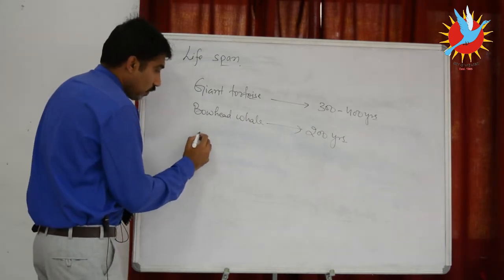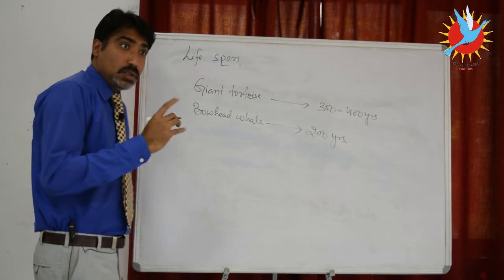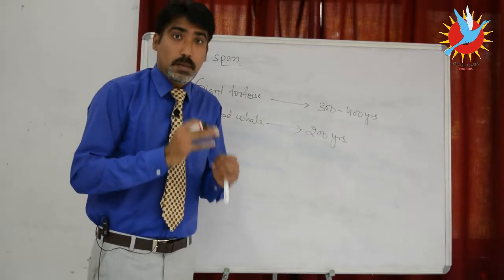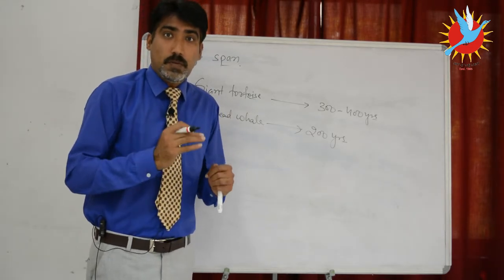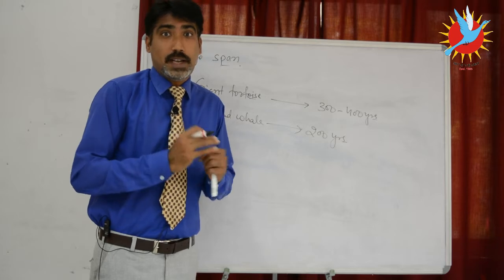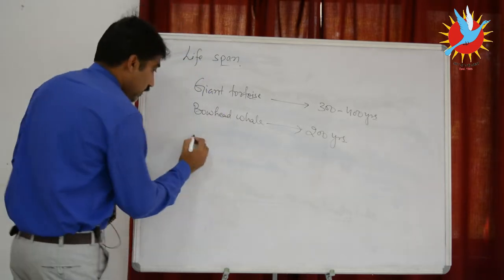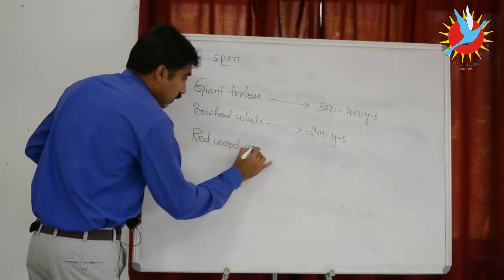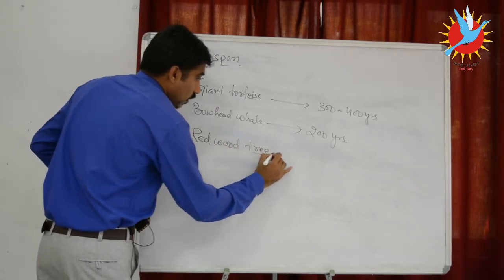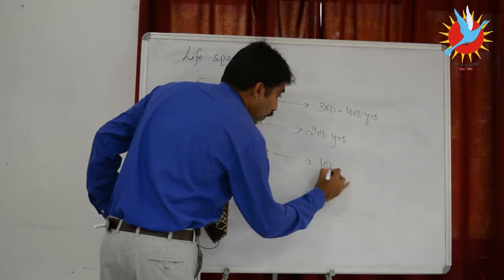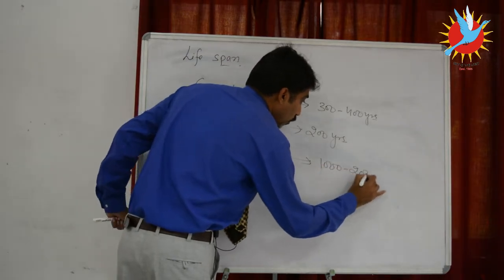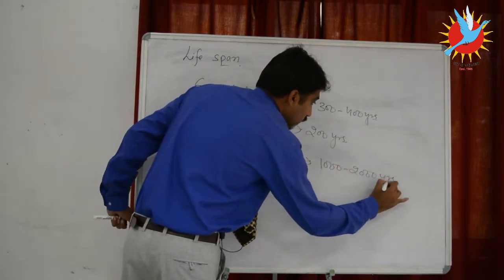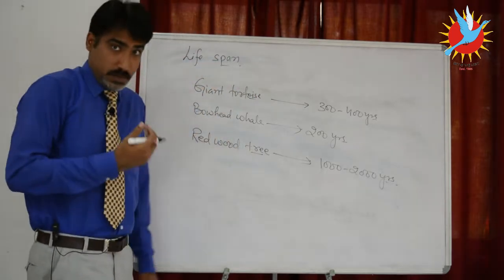Next, let me tell you about the plant with the longest lifespan on this earth, and this plant is the redwood tree. It can live up to 1000 to 2000 years. Isn't it amazing?